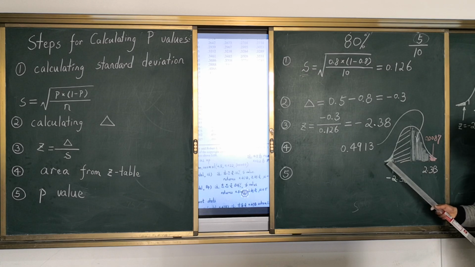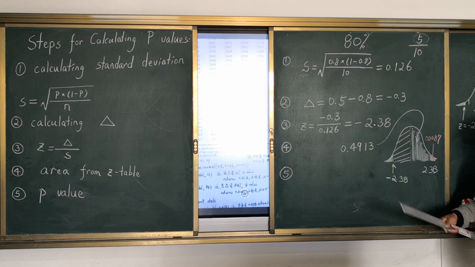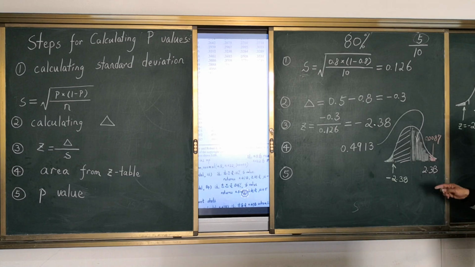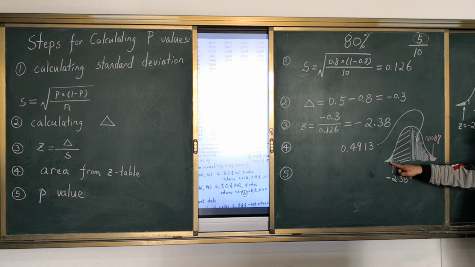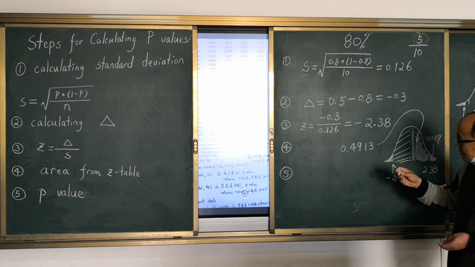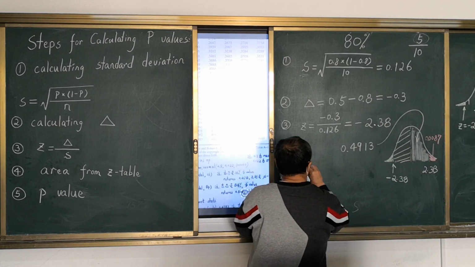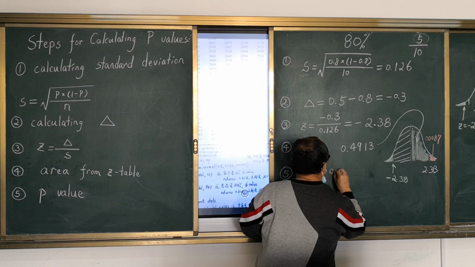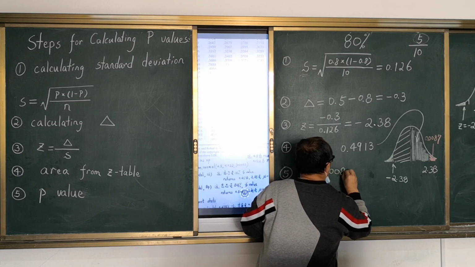We want to know this little tail, which is negative. So what is the p-value? What's this area? It's the same as this. So the p-value is 0.0087.